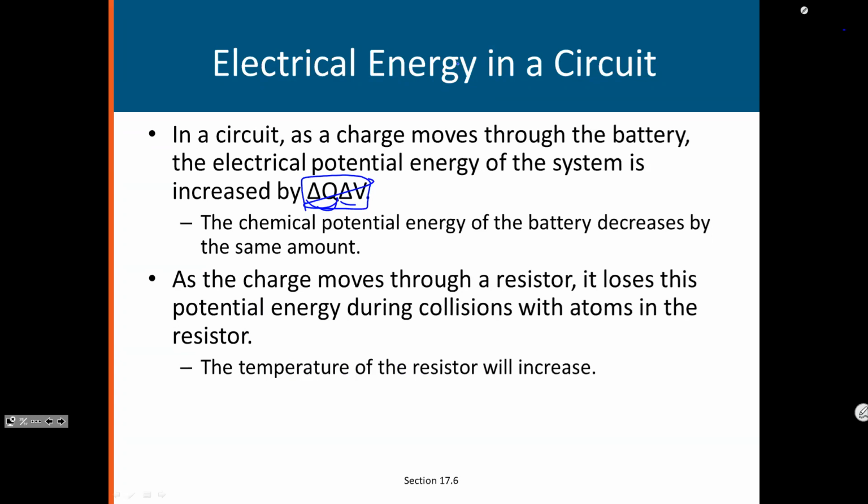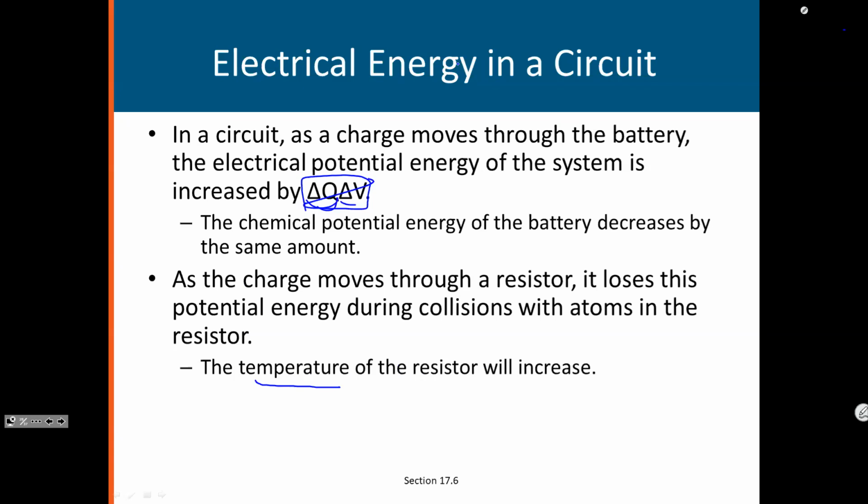There they lose their potential energy during collisions with the atoms in the resistor. This will obviously increase the temperature of the resistor, so the internal energy of the resistor will increase. Is that clear? Can I move on?